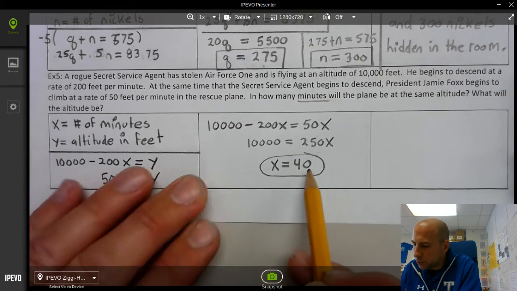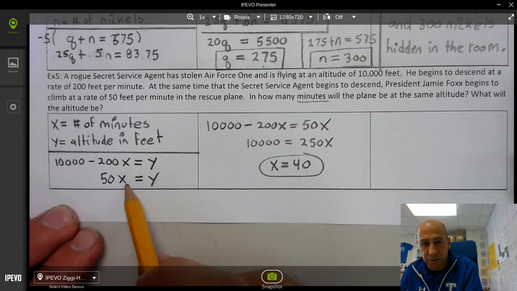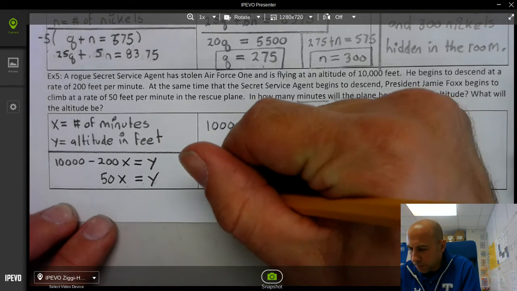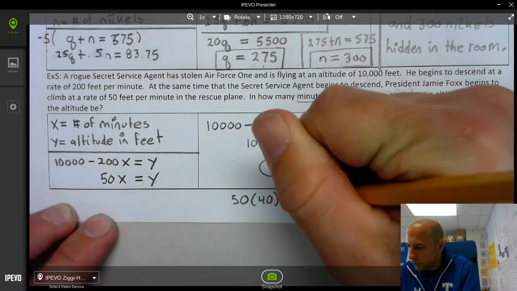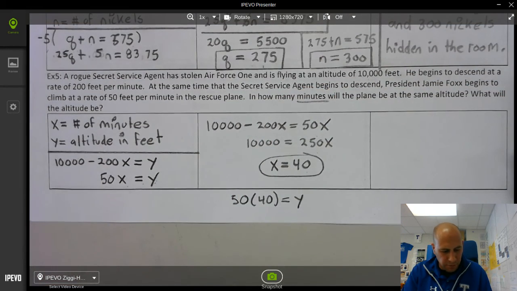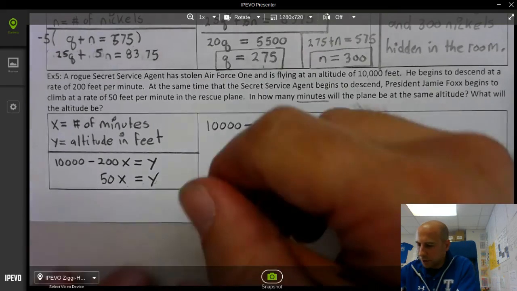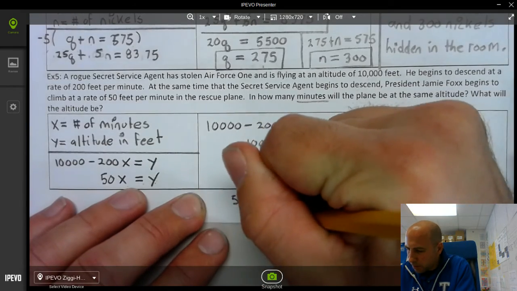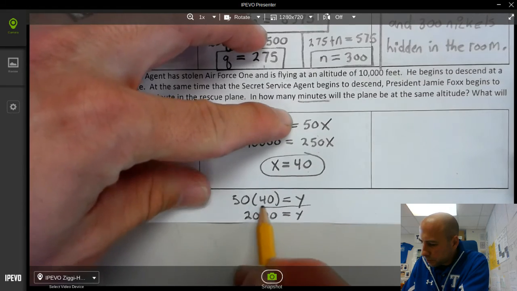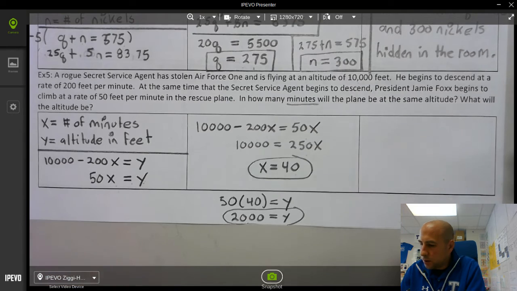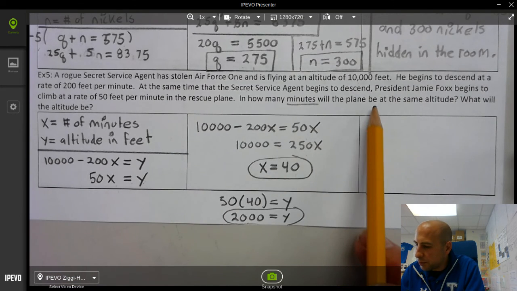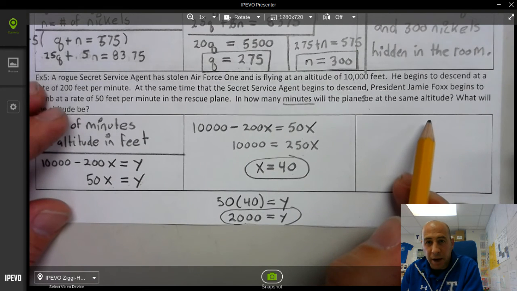All right, so now we substitute x into either equation. It looks like the second one's easier. So we're going to have 50 times 40 equals y. So 50 times 40 is 2,000 equals y. All right, so now to answer the question, we go back in here. It says, how many minutes will the plane, and this should actually be planes, be at the same altitude?